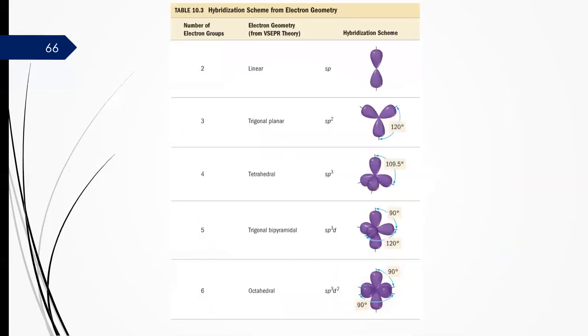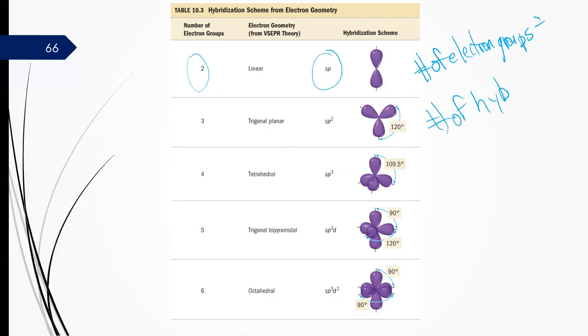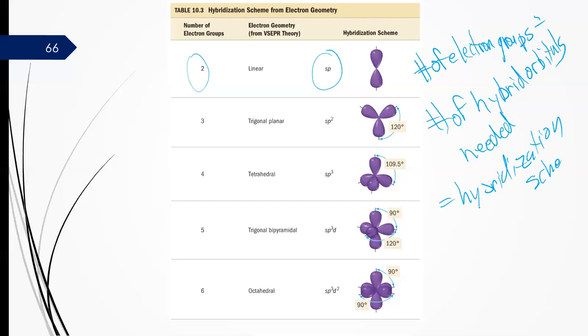And so our hybridization is tied directly to our number of electron groups. So if you look at your number of electron groups, you should be able to tell your hybridization. Your number of electron groups is equal to the number of hybrid orbitals you need, and so we should be able to tell the hybridization scheme from that.